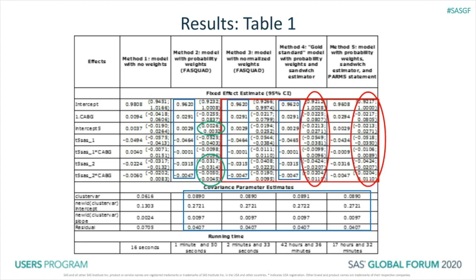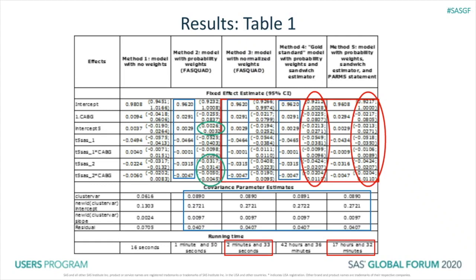Then between method 3 and 5, we found that method 5 actually has 95% confidence intervals closer to method 4, compared with method 3. So we would prefer method 5 over method 3. And finally, we found that both method 3 and 5 reduce significantly the running time of the model.